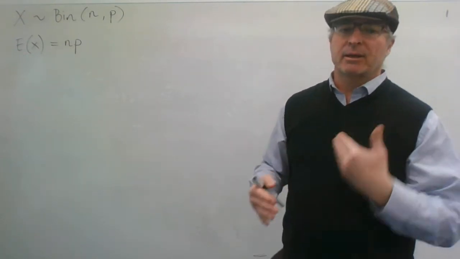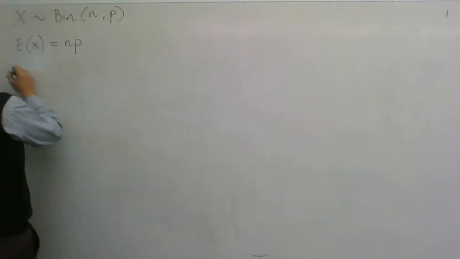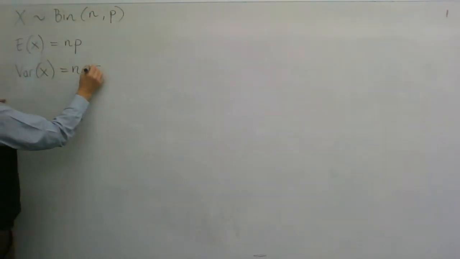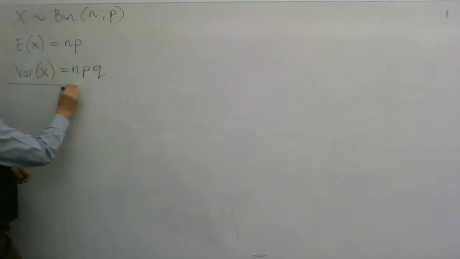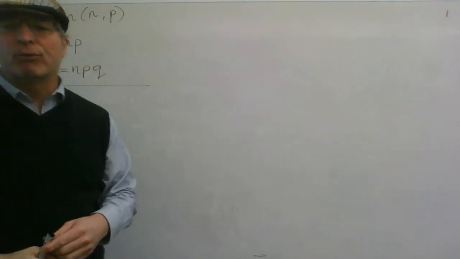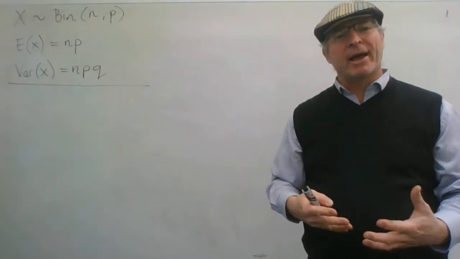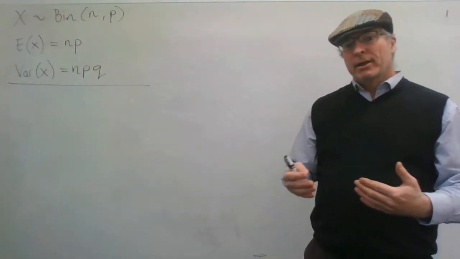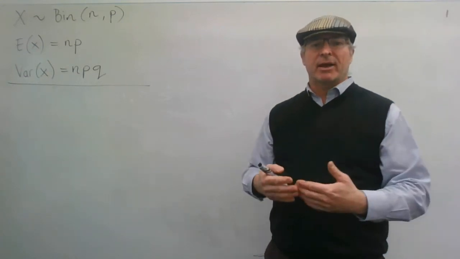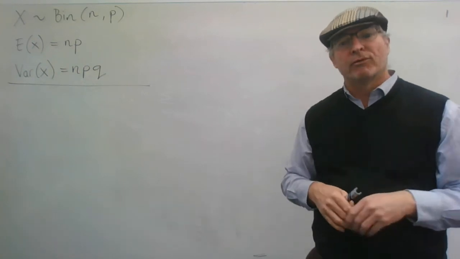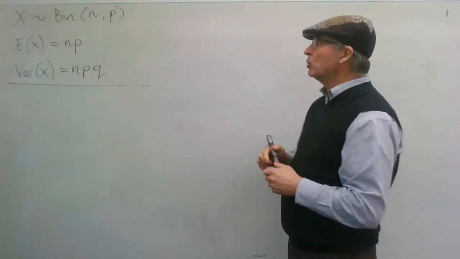And we said that we wanted to look at the variance of X, and we've been told it's npq, but we'd like to have a look at proving that one. There were a couple of things that we used along the way of our proof for the expected value of X that I'd like to just remind you of, and then I'll quickly prove the variance of X is npq.